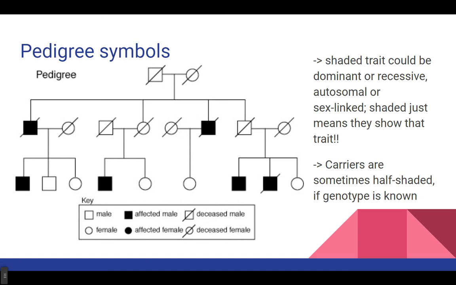So anytime you see the word carrier in genetics, that automatically means they're heterozygous for that trait, because it means they carry the allele for whatever disease or condition that you're talking about, but they don't show the trait. They have a dominant gene that covers it up. We can only really use the term carrier with a recessive condition. You can't carry a dominant allele without showing it, so that term just doesn't really work there.